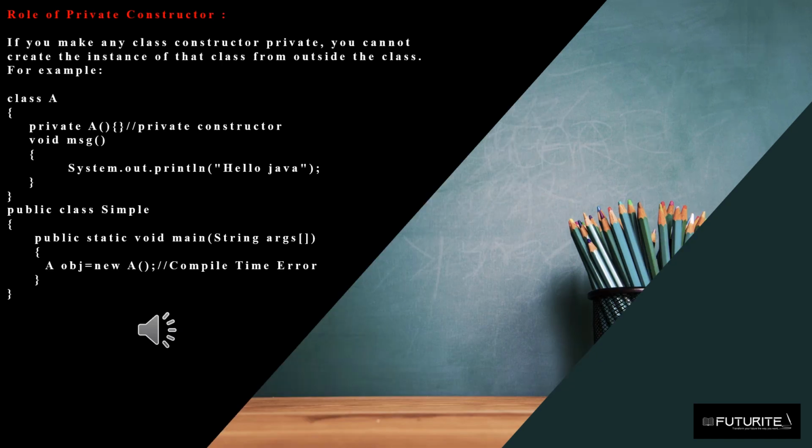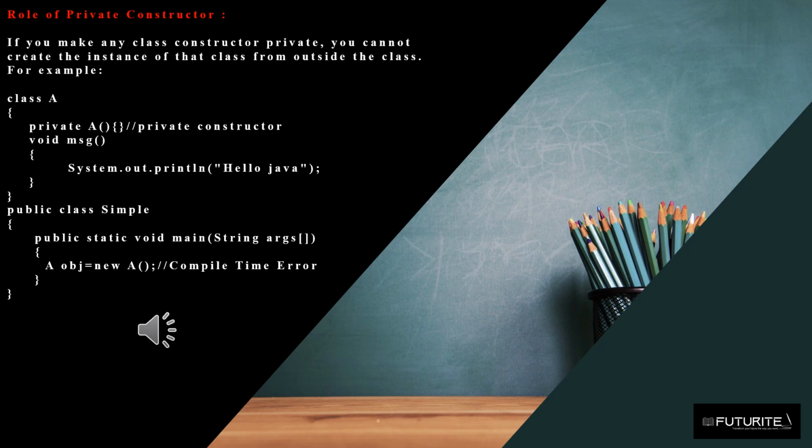Okay, so now what is the role of a private constructor? Let us understand that. Suppose you have created an object for a class. As I have already mentioned, a default constructor is called. Now if you define a private access modifier for that constructor, that constructor will not be called from outside the class.